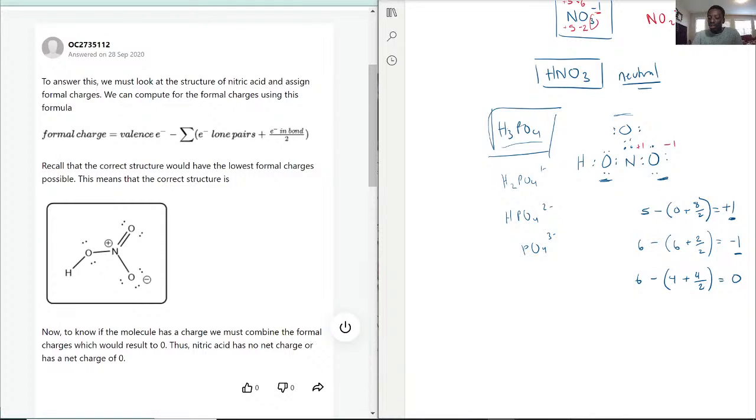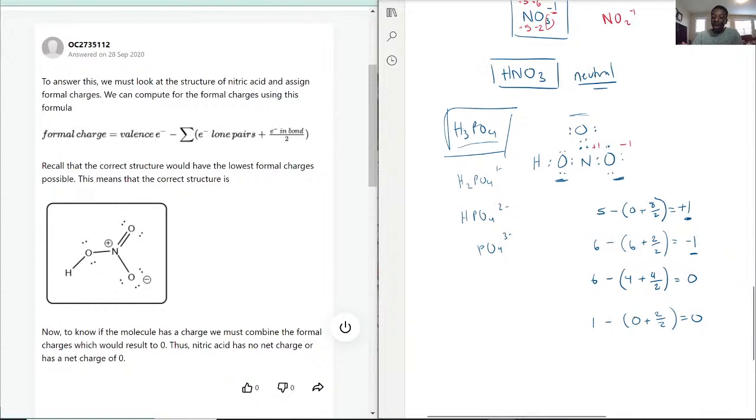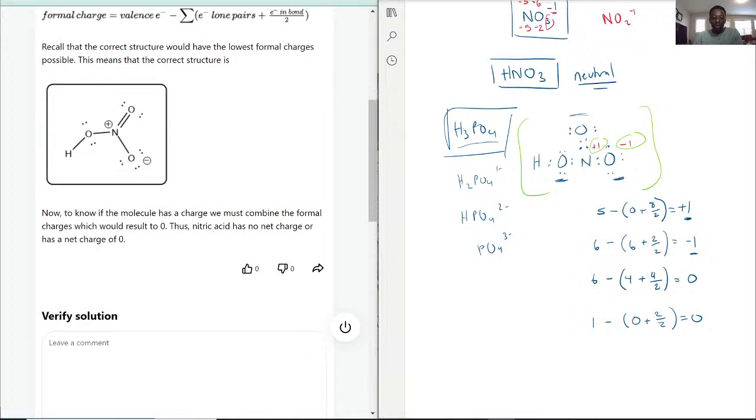And the hydrogen, just to make sure, typically has 1, doesn't have any, and is sharing 2. And that equals 0 as well. So all the math checks out, and you know where your positive charge is held and your negative charge is held, so that the whole compound itself, nitric acid, is neutral, just as the picture has shown.